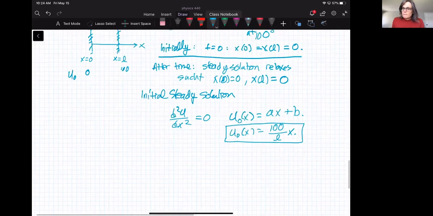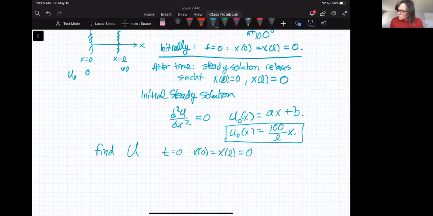Okay. Now, what I want you to do is find the general solution u. If this is what we're starting with, we're going to then release it so that sometime just after t equals 0, we have x of 0 equals x of L equals 0. In other words, your first step is to find the solution for f, right?